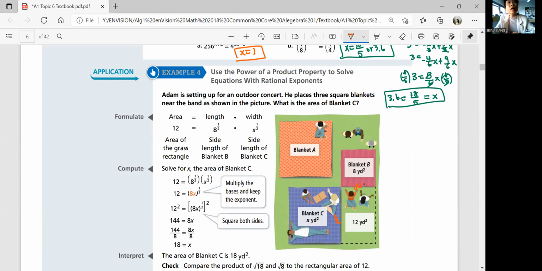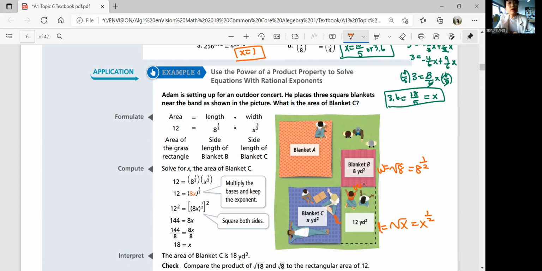So we know that the sides are going to be equal. So square root of 8 is going to be one side, right? Square root of 8 is also written as 8 to the power of 1/2. And square root of x is also x to the power of 1/2. So that's your length and that's your width of this area, right?